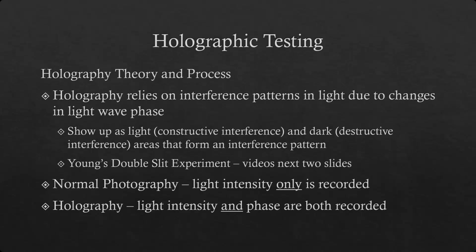In normal photography, we're just looking at the light intensity. That's how your eyes are working right now. All you're really seeing is the light intensity. We don't see phase as humans. I don't know if the light wave hitting my eye is going up and down or left or right or at an angle. Many of you have probably worn polarized sunglasses if you're around water.